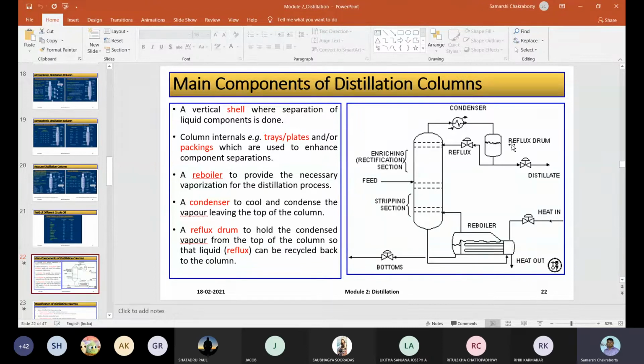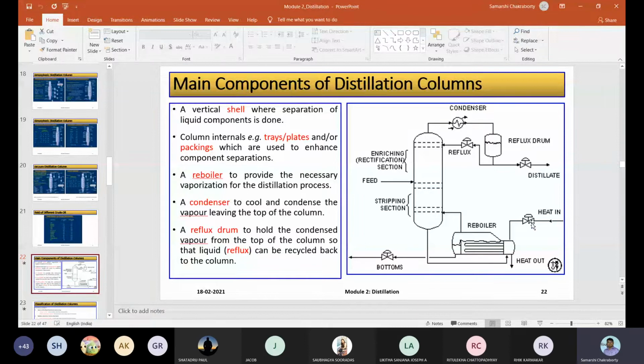Increasing the reflux can also help reduce the number of trays required for distillation, and one part you can recycle back. That recycled part is known as the reflux. The other part that you are extracting, you call the distillate part. That is how this is operating.